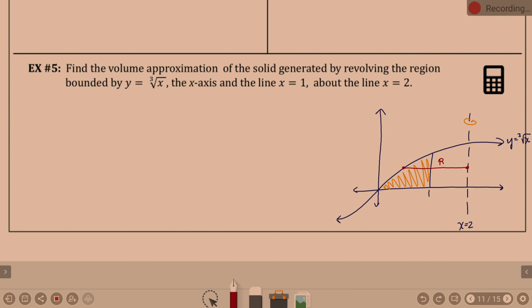We're rotating around what type of axis? A vertical axis that looks like a y-axis. So what do we need to work in terms of? Y's. They gave us y equals cube root of x because that's the typical name of the equation. That's how you can visualize the graph. What is this if we solve it? X equals y cubed. You cube both sides, it's x equals y cubed, yes?